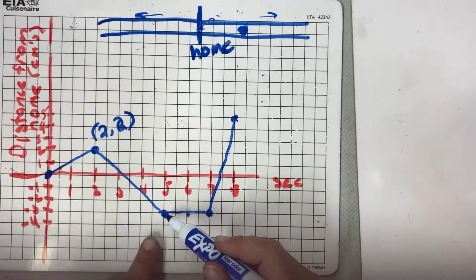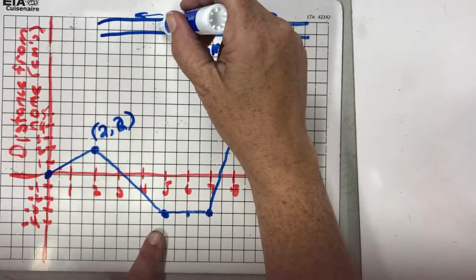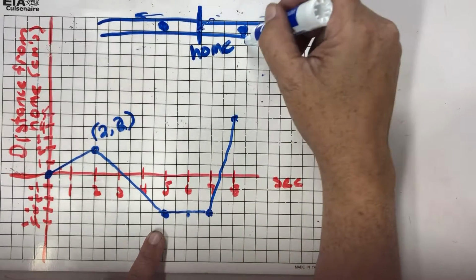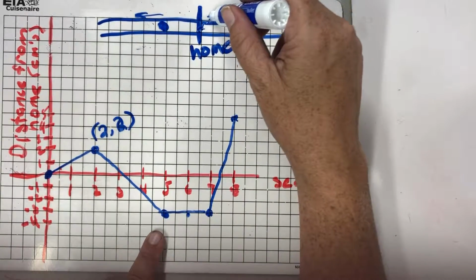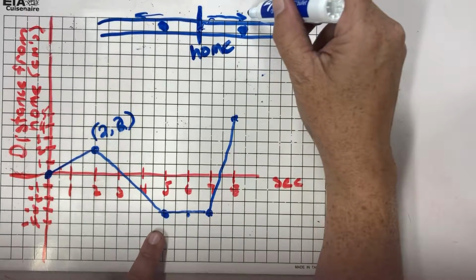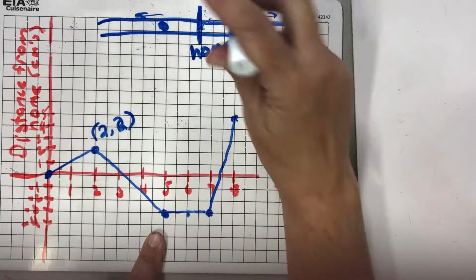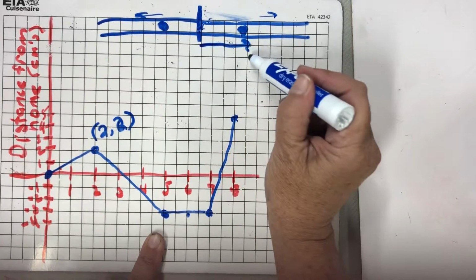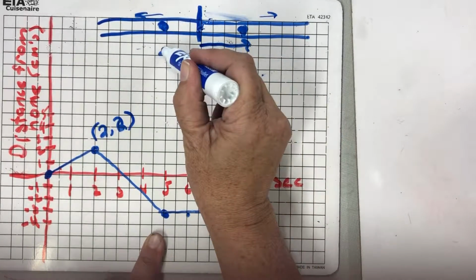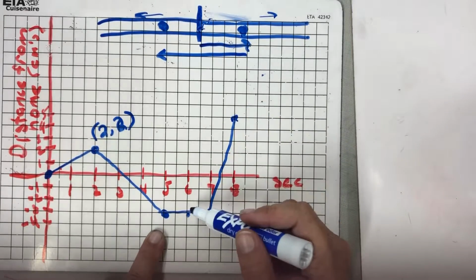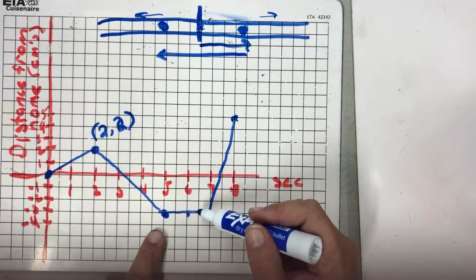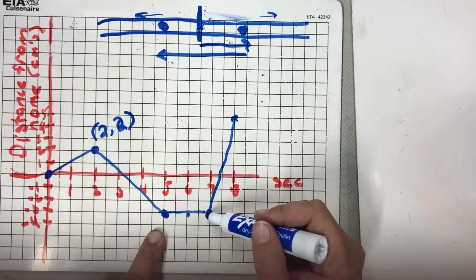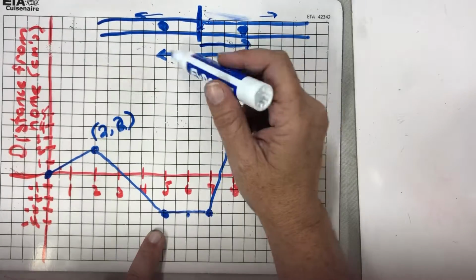Then at 5 seconds, our particle is at position -3. So what our particle did is, first thing it did is went here, and then it turned around and went back here. Then it doesn't change position for the next 2 seconds. It just hangs out.